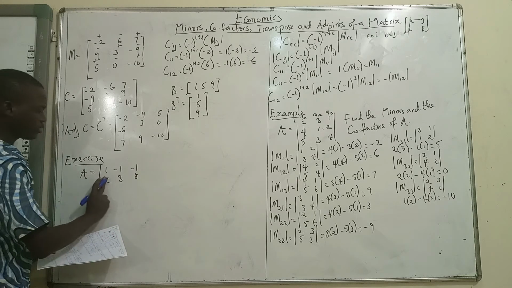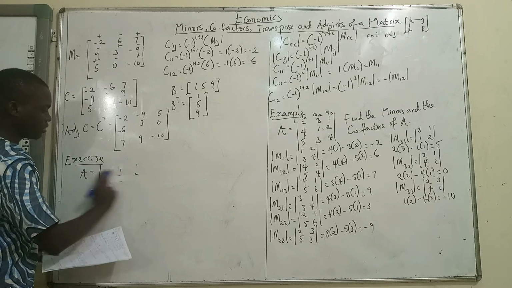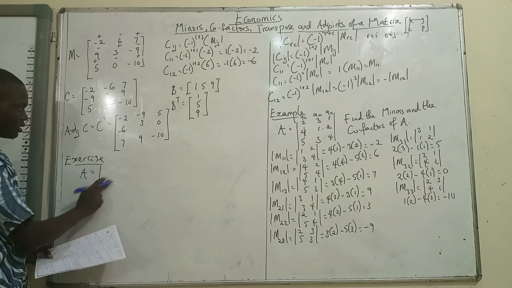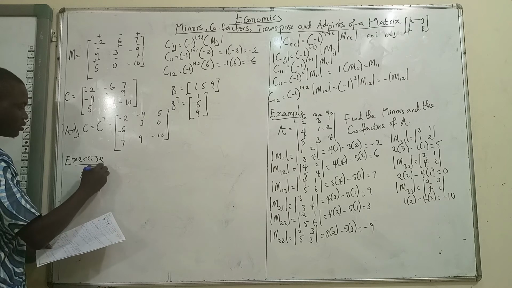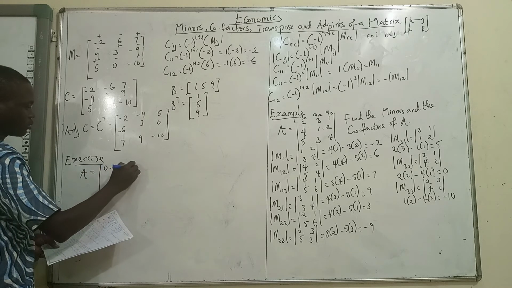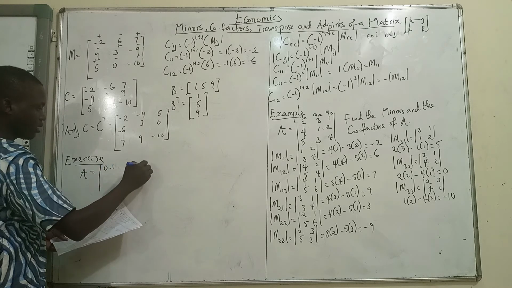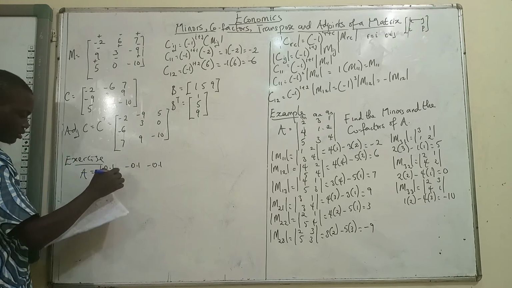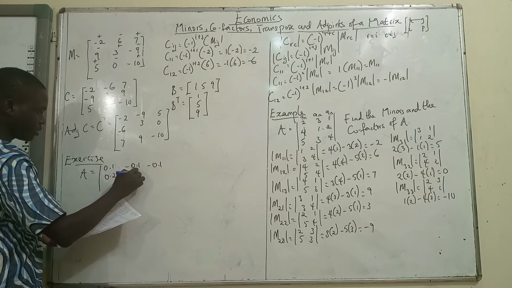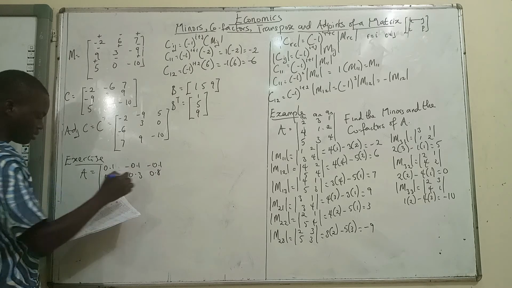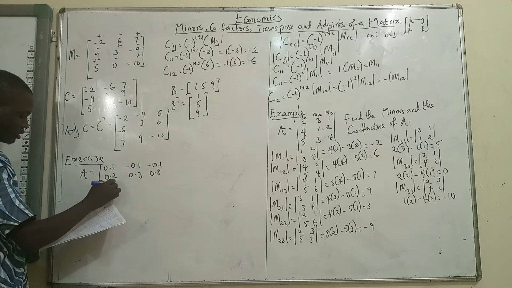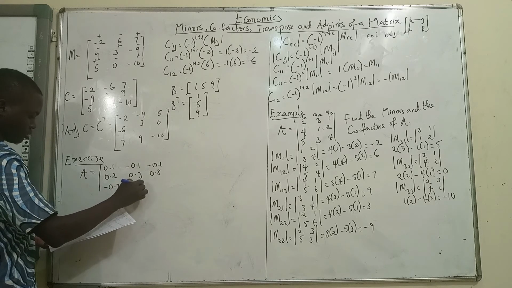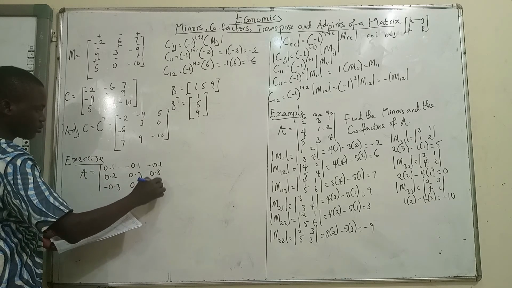I think I should change this. So we're having 0.1, minus 0.1, minus 0.1 as well, then 0.2, 0.2, 0.3, 0.8, and minus 0.3, 0.2, and then 0.1.